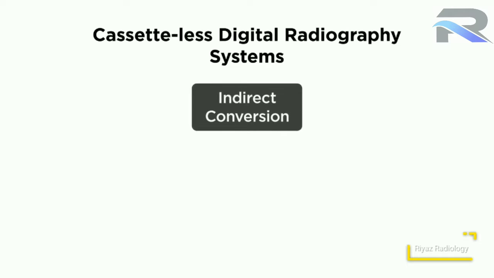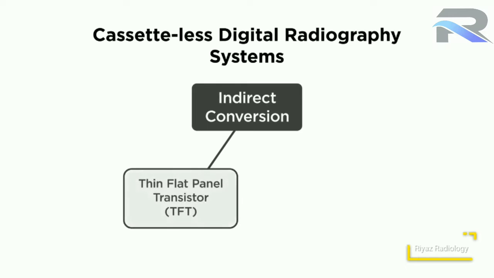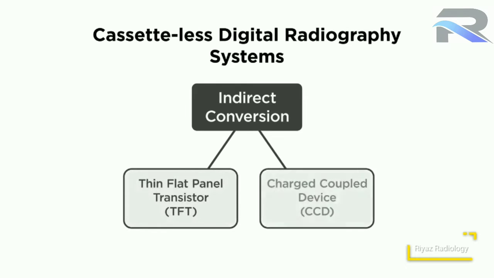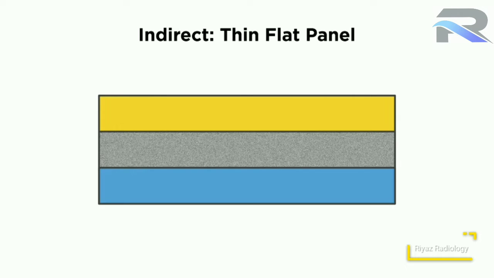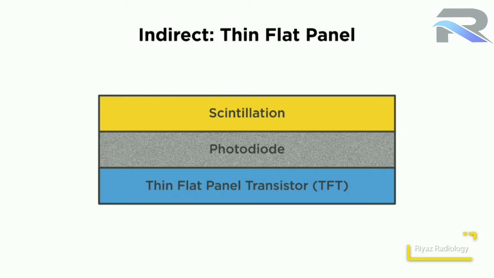Indirect radiography can be further broken down into either thin, flat panel transistors called TFTs or charged coupled device systems called CCDs. Indirect TFT systems are composed of three main layers: the top scintillation layer, a middle photodiode layer, and the bottom TFT array.